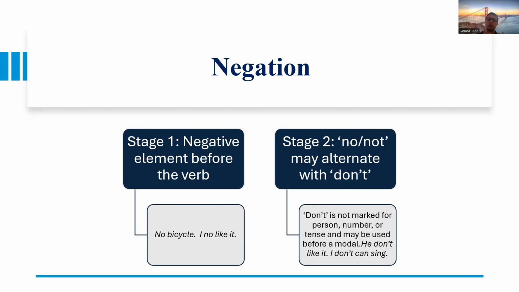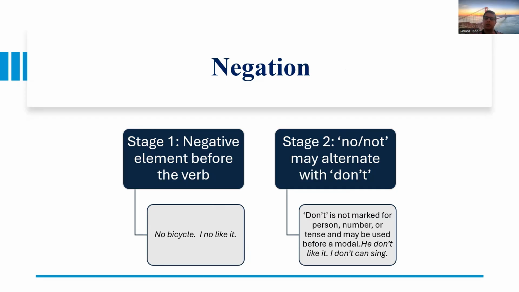And then they move on. Remember, again, it's a developmental sequence. In the second stage, there is some kind of improvement. They already have in their second language stock the no, and in this case, they add a new particle, which is not.